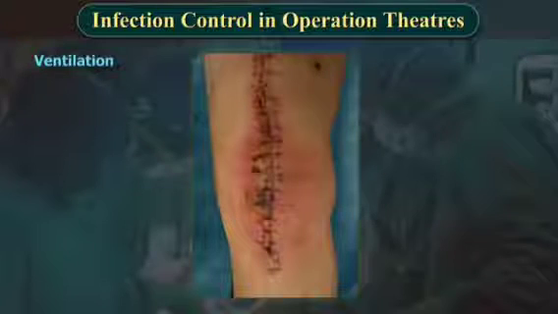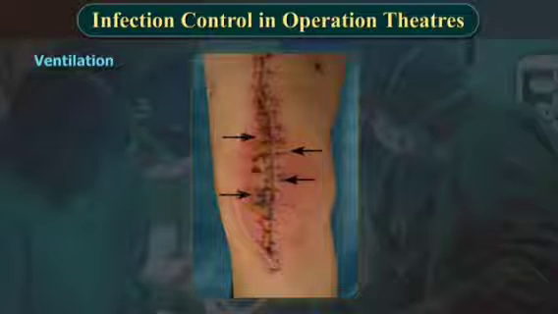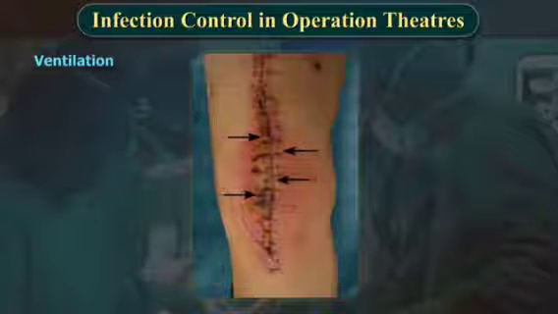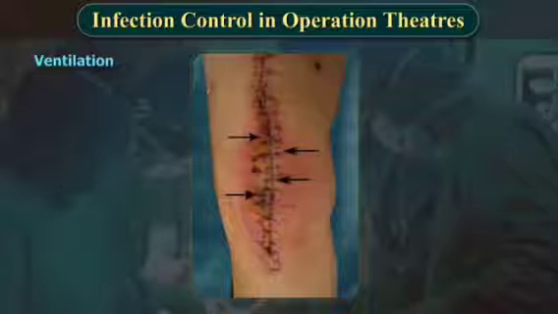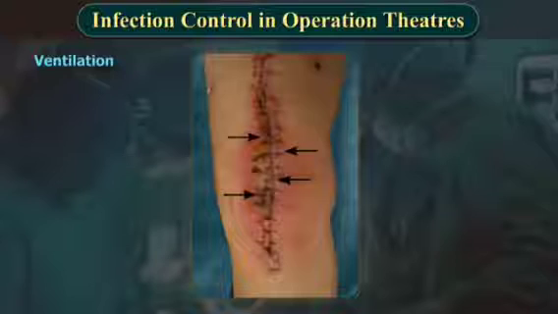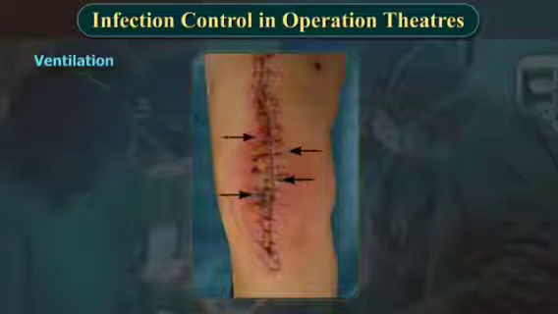Bacteria settling on surgical instruments or entering directly into the surgical site may result in surgical site infection. Therefore, maintaining a high quality of the air in the operating theatre is essential to controlling the risk of surgical infections.